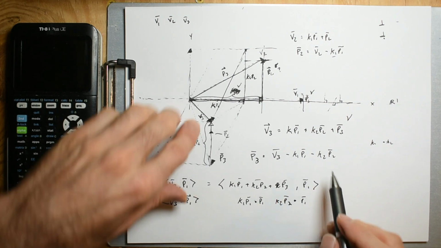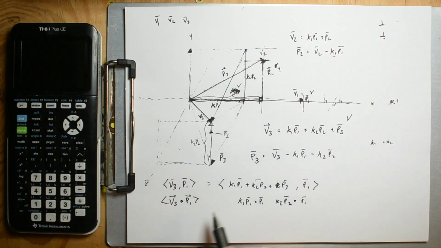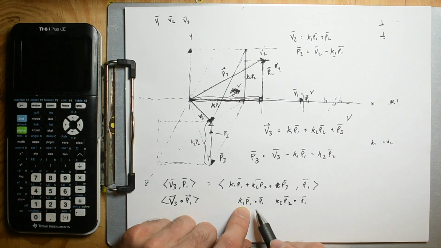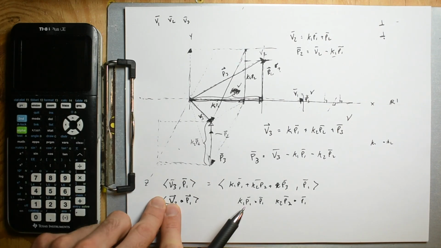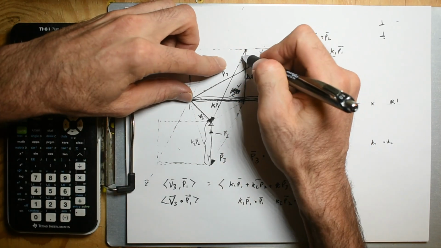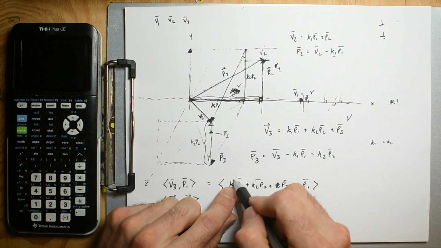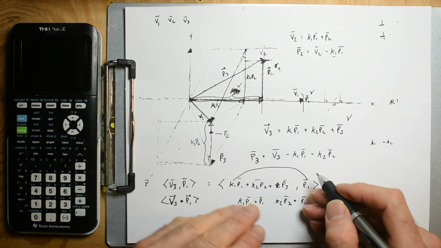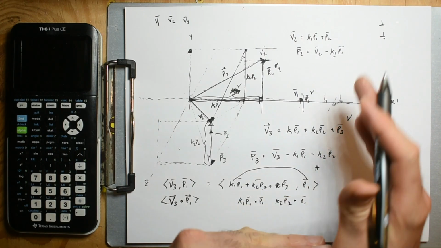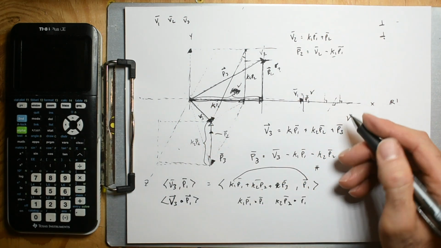Well, we already said P1's perpendicular, P2's perpendicular, and this new P3 is perpendicular. We're saying V3 is K1 P1, K2 P2, and this new perpendicular. If I'm dotting it with P1, only the first term will actually generate a value. These will generate 0. Two vectors that are perpendicular will be 0.